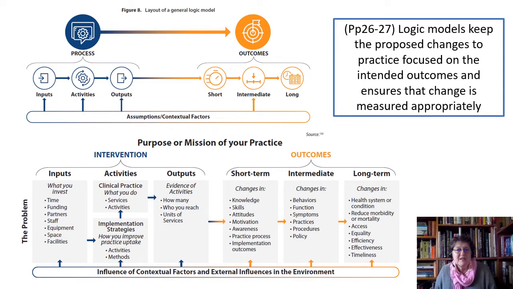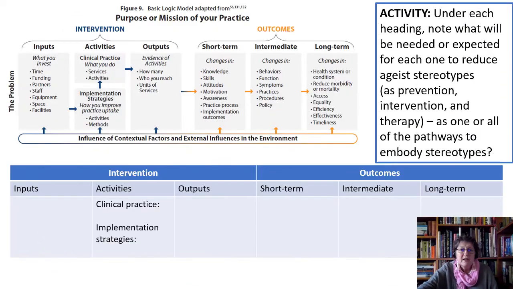So you see the generic model, and then this first one here, which is, I seem to have lost the figure number, but you'll see it's there, 26, 27. And then in this activity, we think about what we need at each stage. So what do we need as inputs, activities, outputs?